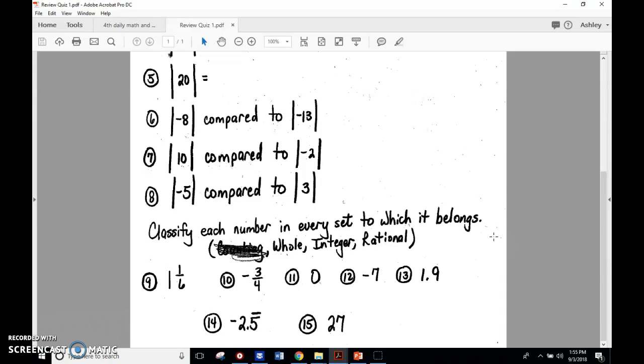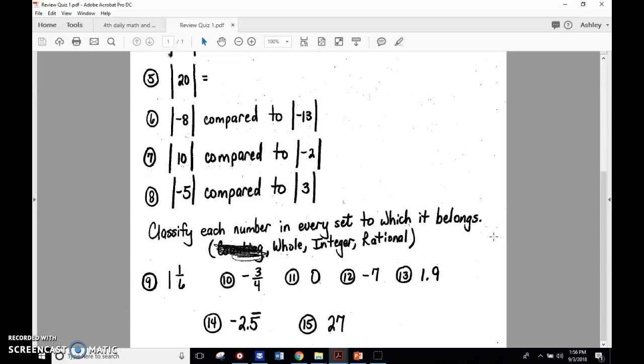For numbers 9 through 15, you're going to classify each number in every set to which it belongs. Again, classify each number in every set to which it belongs.